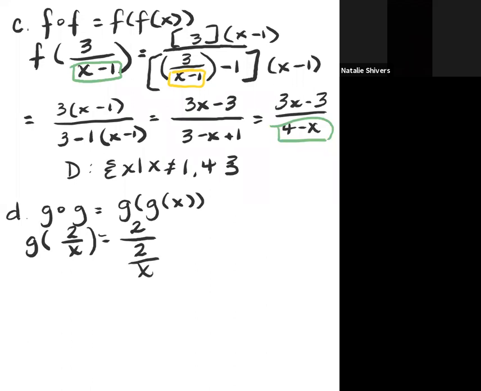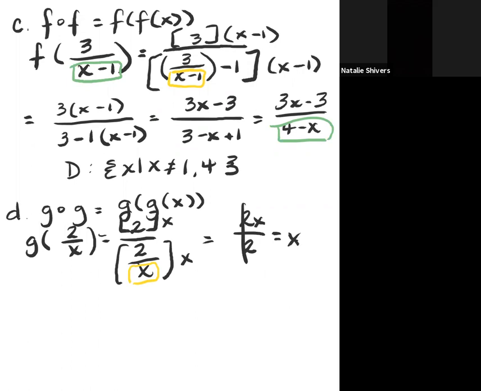Here's my denominator. So multiply the top by x and the bottom by x. So I get 2x on the top and just 2 on the bottom, which then the 2's cancel. So I get just x. So do be careful on this one.